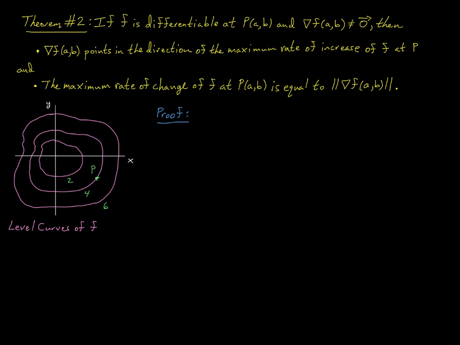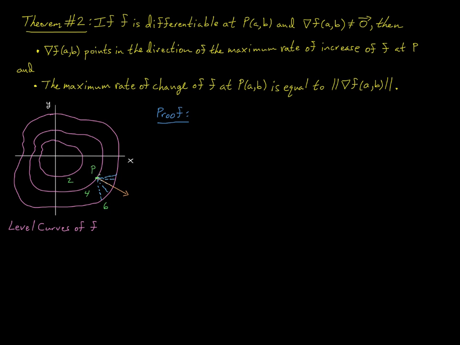Well, if I want to increase my altitude, I should start heading towards this outer contour that has an altitude of 6. How should I get there if I want to increase the altitude at the fastest rate? Well, if you give that a little bit of thought, we want to head directly towards that contour. Or put another way, we want to head in this direction.